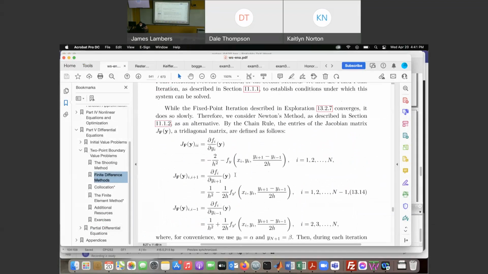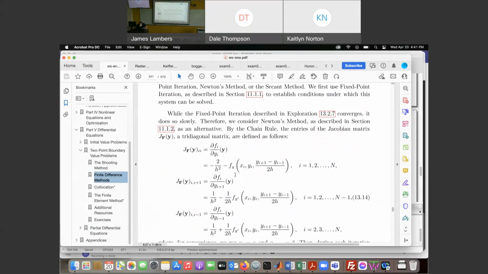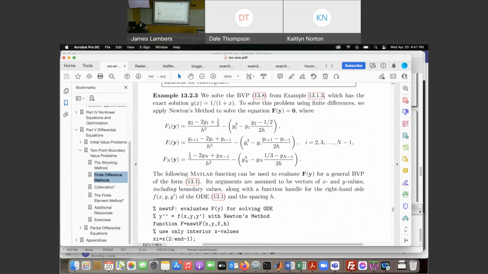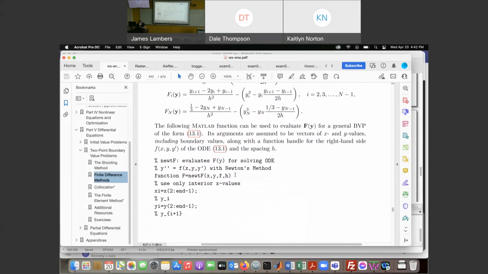Wait, example 13.2.3. Oh, okay, this is what I want.